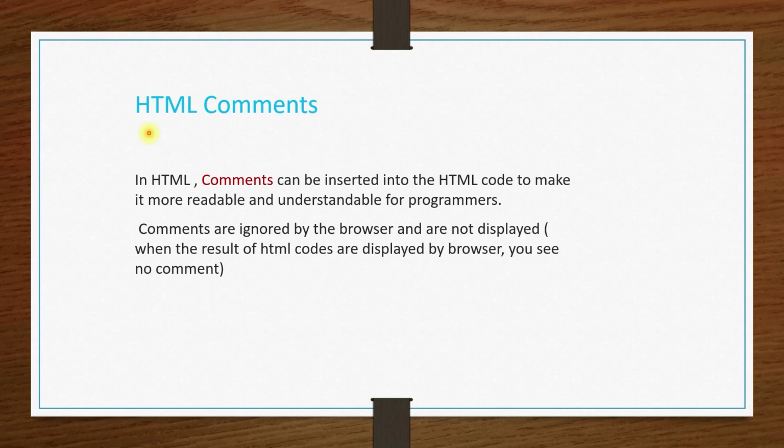I will show you and give you more explanation about comments when we start working on our example. So we go to the next part. Look, here is an example of how to write a comment.